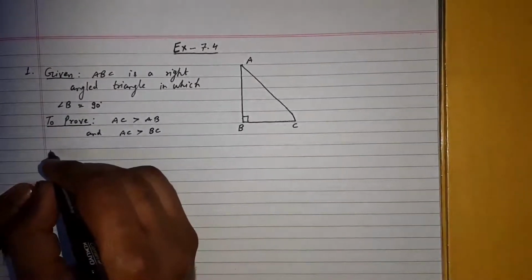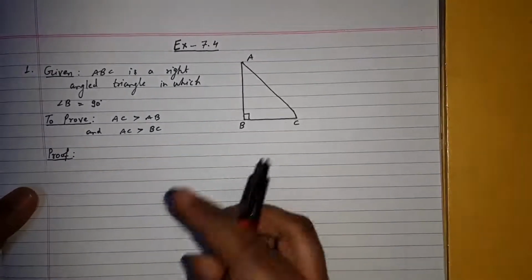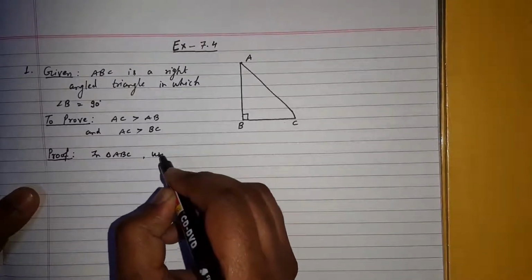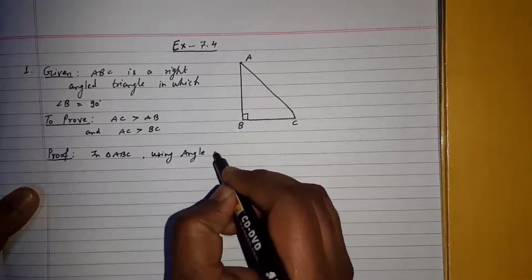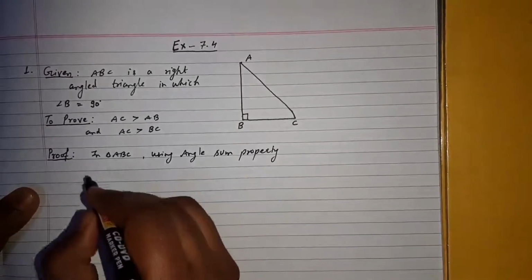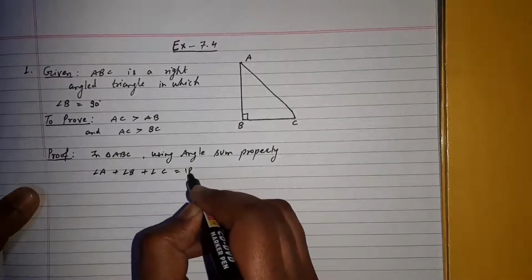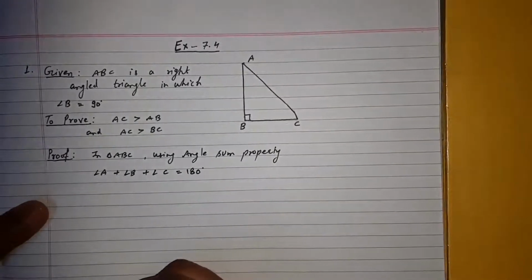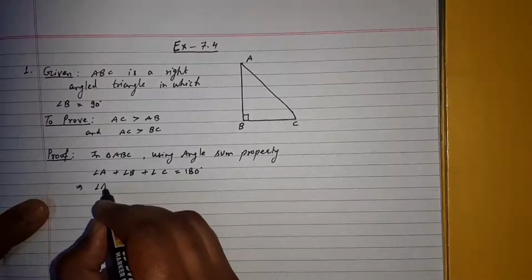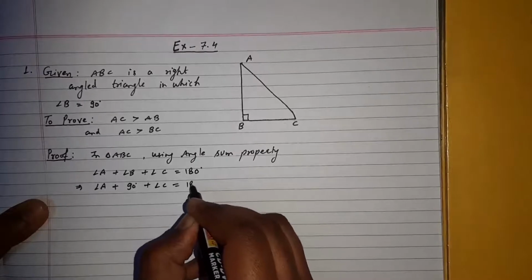Now proof. In triangle ABC, using angle sum property, angle A plus angle B plus angle C is equal to 180 degree. Angle B is given 90 degree, so put this value: angle A plus 90 plus angle C is equal to 180.